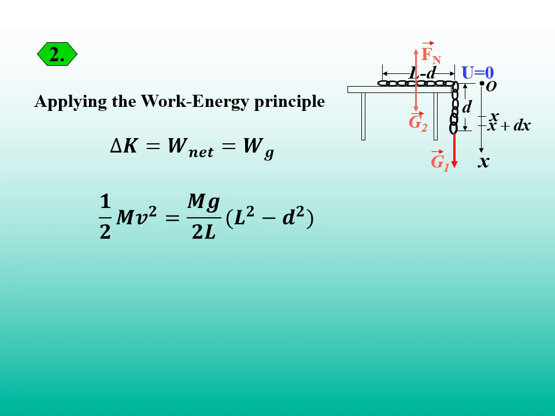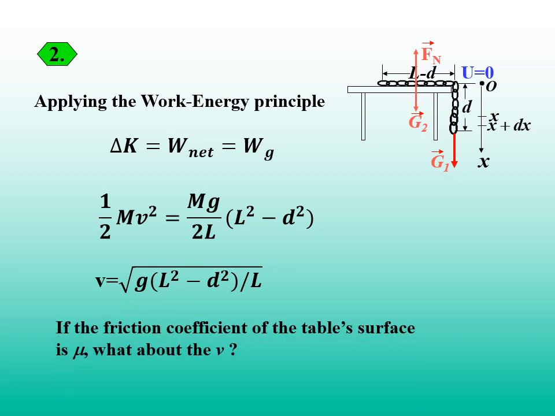Solving this equation, we have velocity v equals the square root of g times (L squared minus d squared) divided by L. We neglect the friction force in this problem.